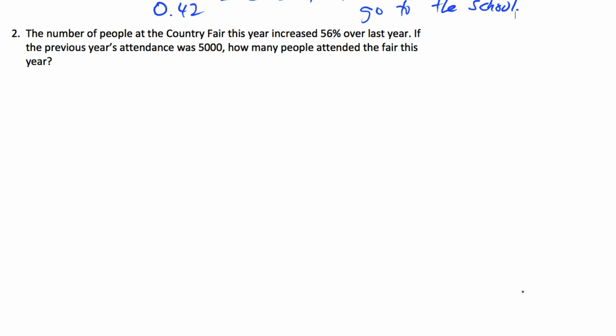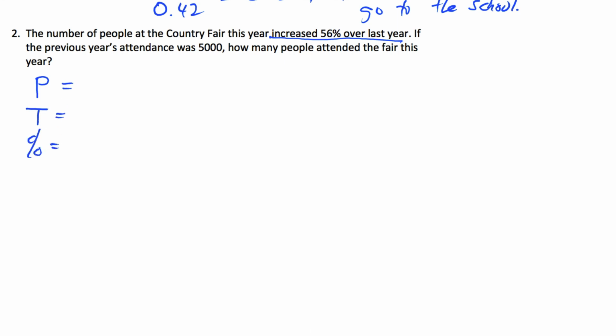Another example, the number of people at the country fair this year increased 56% over last year. If the previous year's attendance was 500, how many people attended the fair this year? All right, so again, we have to sort out what's our part, what's our total or base amount, and what's our percentage.